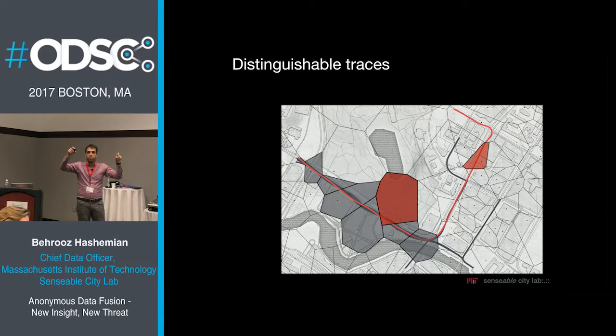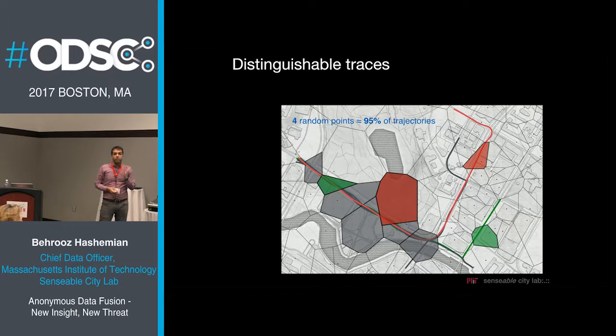These are simplistic examples. If I have these two pieces of information, I can single out this trajectory, look at it to see what the patterns are, and build some metadata based on these patterns. And the same for other individuals. It has been shown that for real data sets, with only 4 random points, 95% of trajectories are distinguishable.